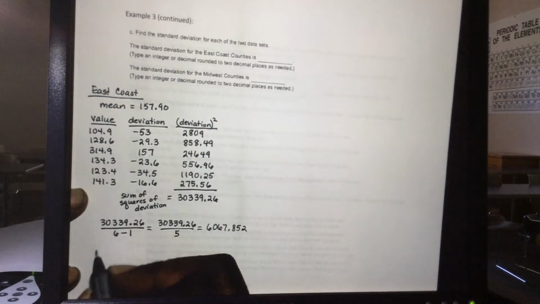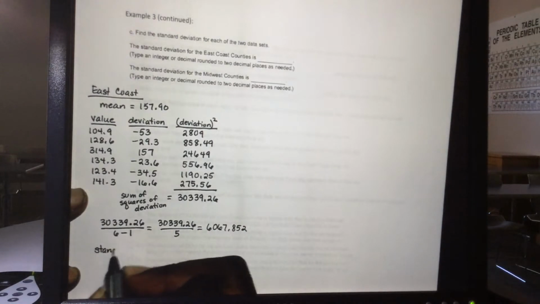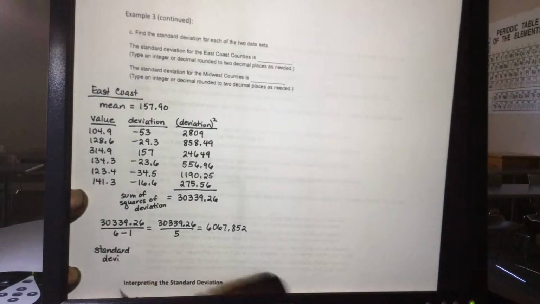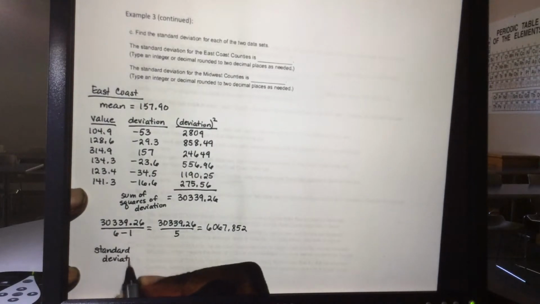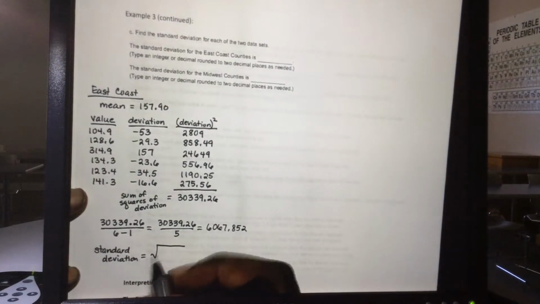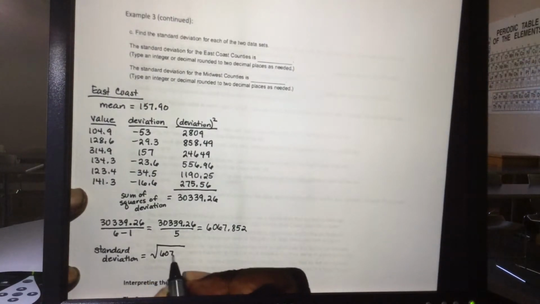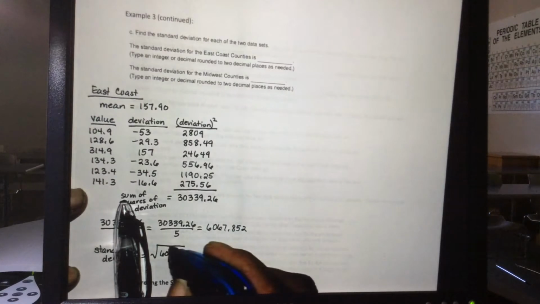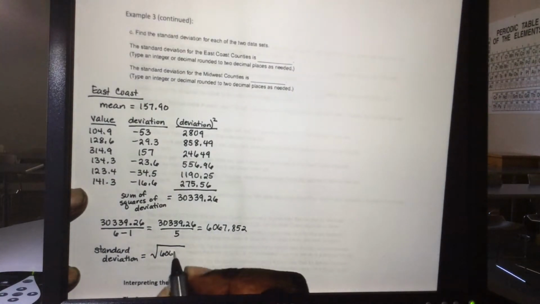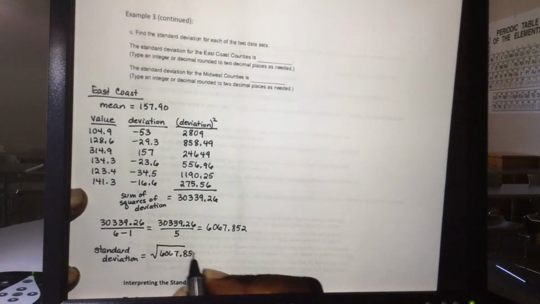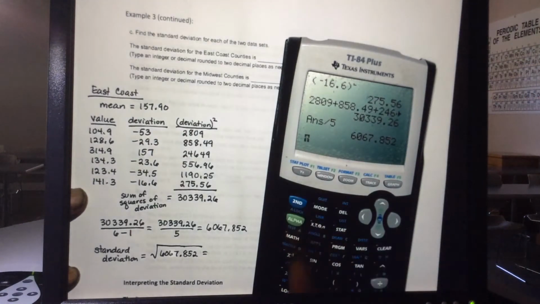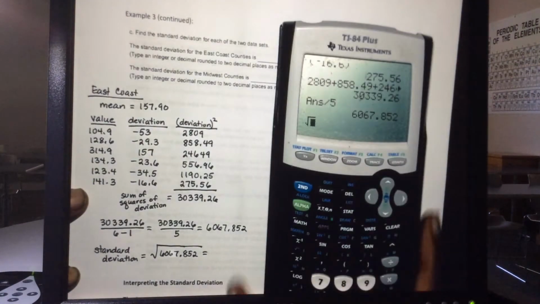And now finally, to get the standard deviation, we're going to take the square root of that number, 6,067.852. So second x squared for the square root.